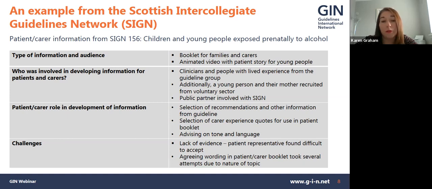There was a lack of evidence which the patient rep found really difficult to accept, and of course it was quite tricky to agree the wording because of the topic. So we had to try and avoid stigmatizing this, and also we didn't want to use negative language that could be offensive to the birth mothers.